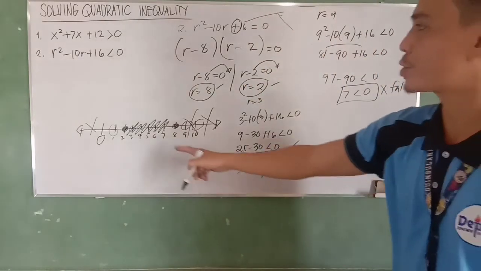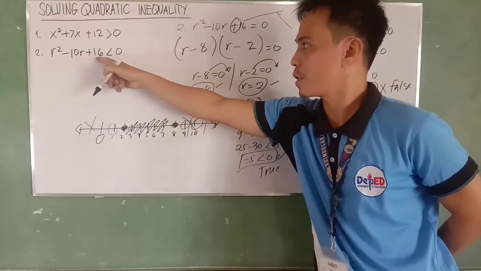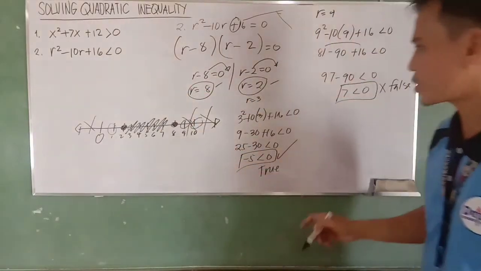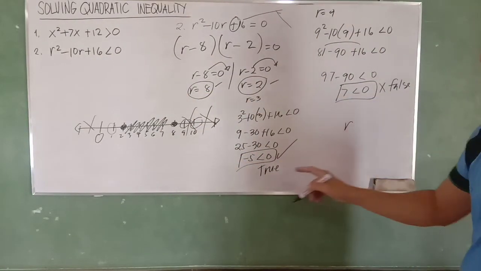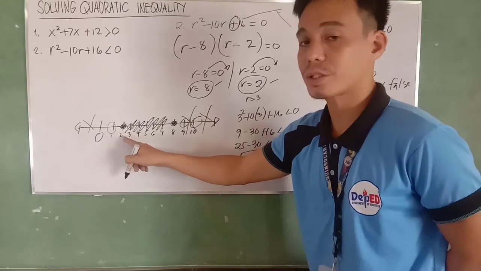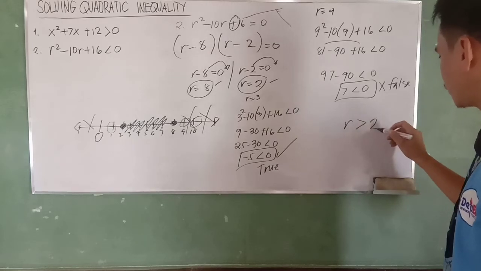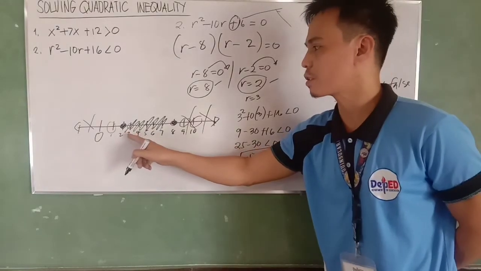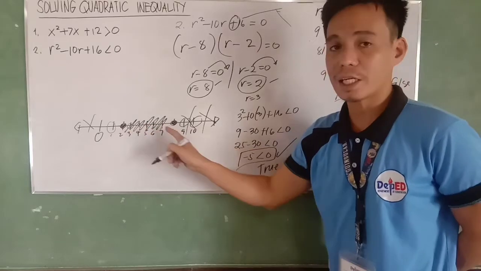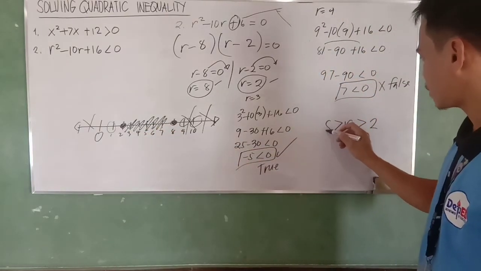So therefore, our solution set, guys, for r squared minus 10r plus 16 less than 0 is when your r is greater than positive 2. Mas malaki daw siya sa positive 2. But less than positive 8.